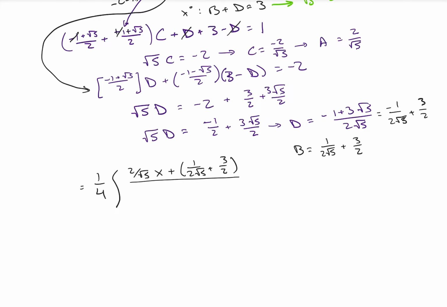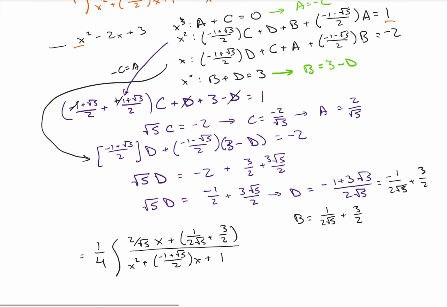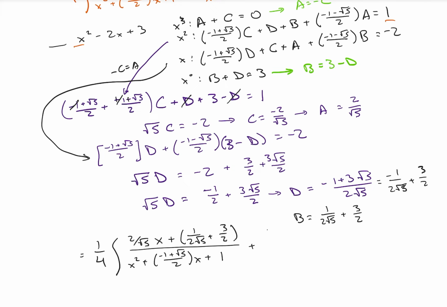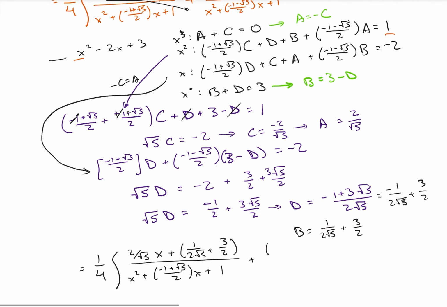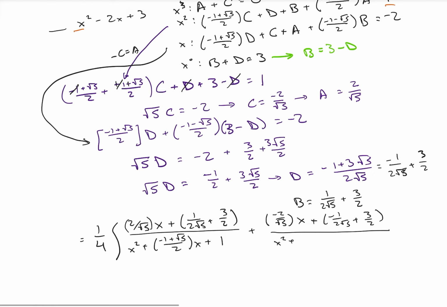And that's going to be divided by x squared plus (negative 1 plus root 5)/2 x plus 1, plus, and then my c term is negative 2 over root 5 times x plus negative 1 over 2 root 5 plus 3 halves. And that is all over x squared plus (negative 1 minus root 5)/2 x plus 1 dx.